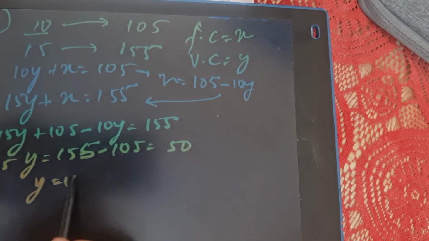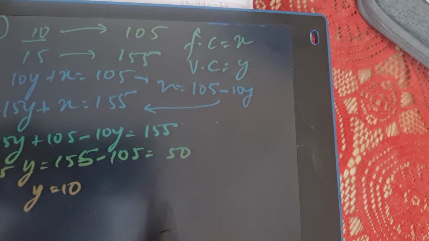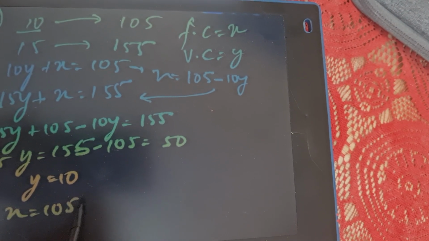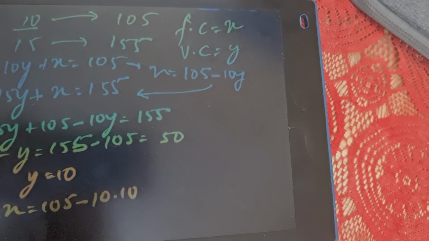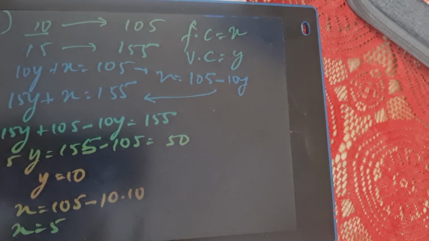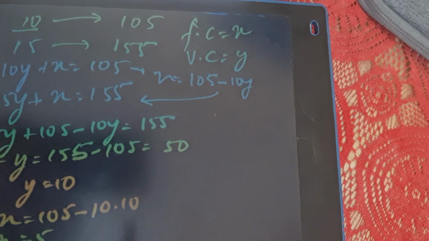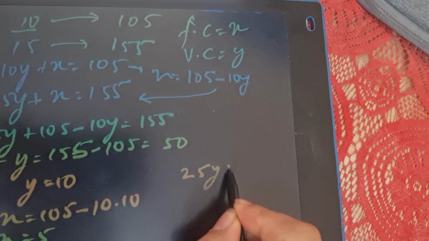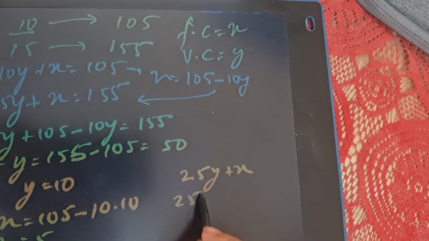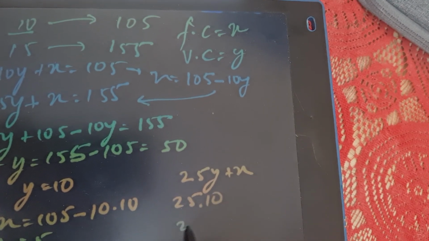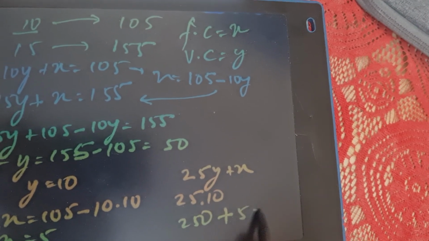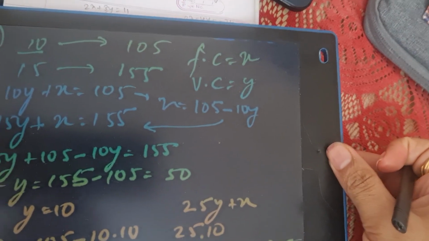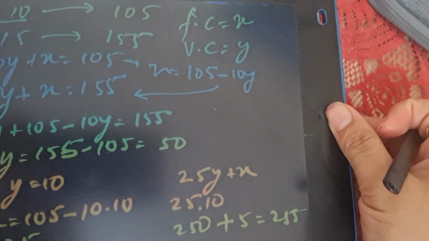So y is equal to 10, and x is equal to 105 minus 100, so x is 5. So now we have the fixed charge and the variable charge. For 25 kilometers, it will be 25y plus x. The value of y is 10, so 250 plus x, 5. So the answer is 255. One needs to pay 255 rupees to travel 25 kilometers in the city.